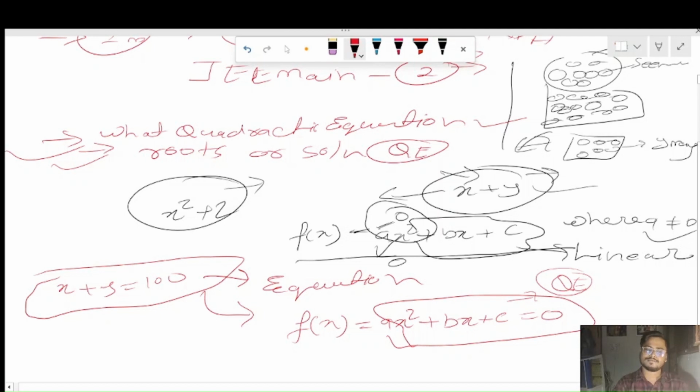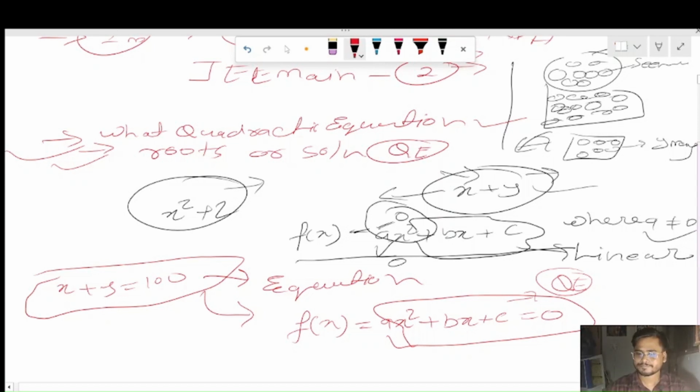Like there is a rocket, and in physics you will learn about the law of motion, which involves the quadratic equation. So what will be the path of the projectile motion, at what time and at what place, all these things we can solve by using the quadratic equation. That's why we are learning it.